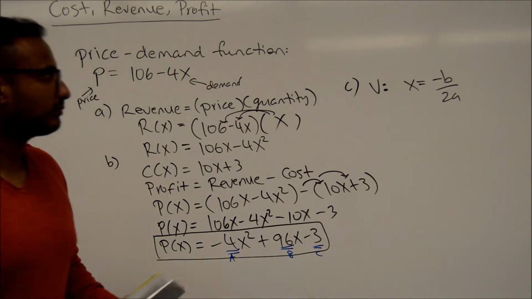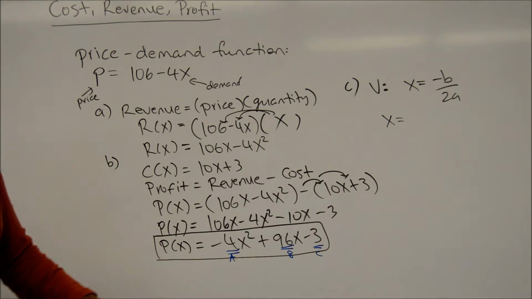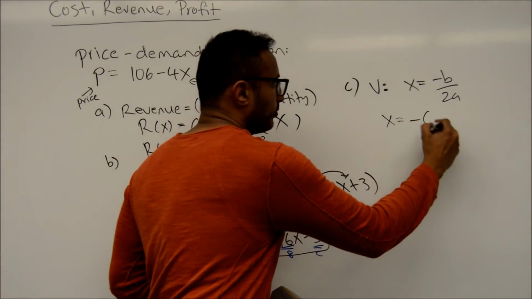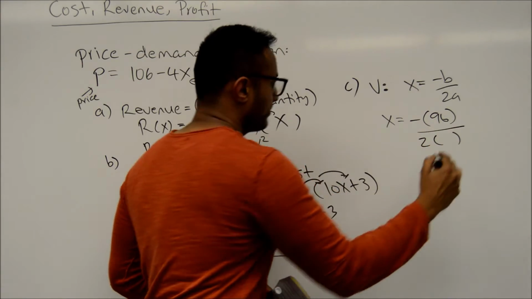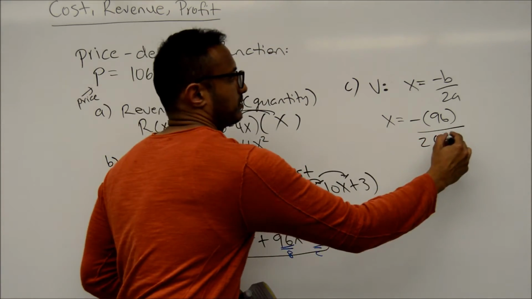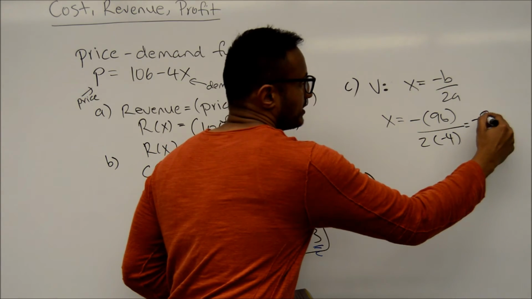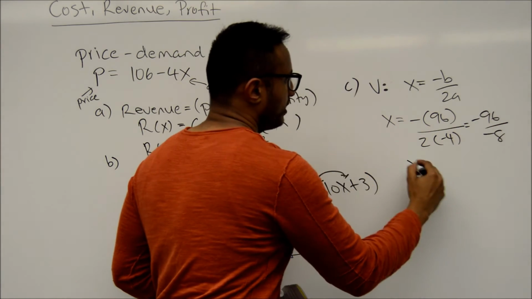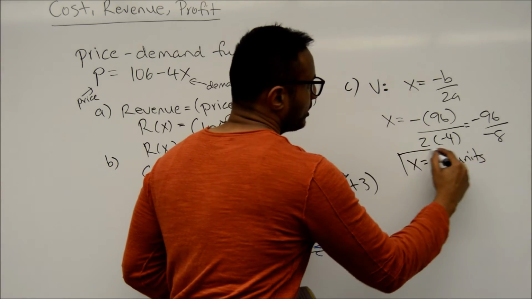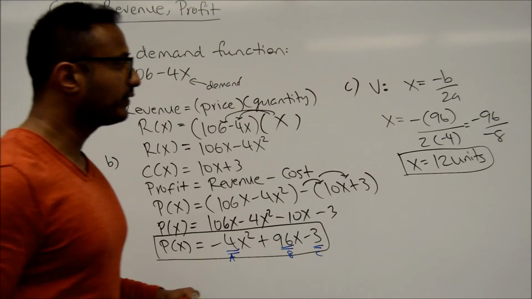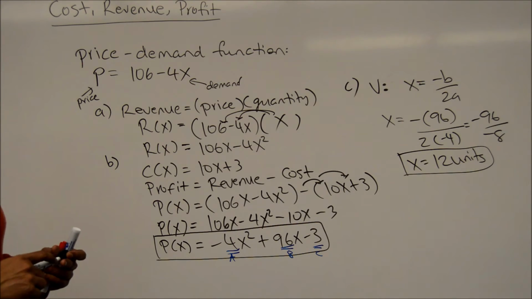So if we're going to look at the vertex of this quadratic function, it's going to be negative b, which is negative 96, divided by 2 times a, which is negative 4. So this is going to give you negative 96 divided by negative 8. That means this company must sell 12 units in order to maximize their profit.